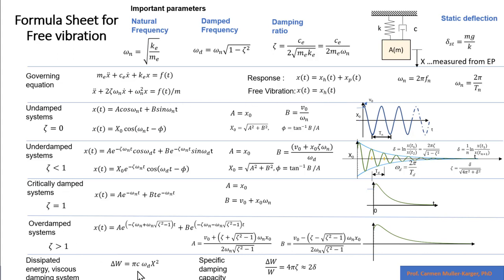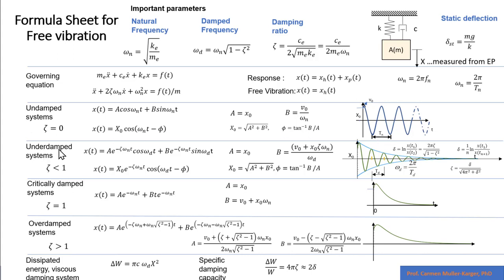So all those responses for free vibration represent the homogeneous response of the system. The first case was the undamped system, where we have no damping. Therefore, the damping ratio is equal to 0, and the response is a harmonic function where the amplitude remains constant and the system vibrates at its natural frequency.